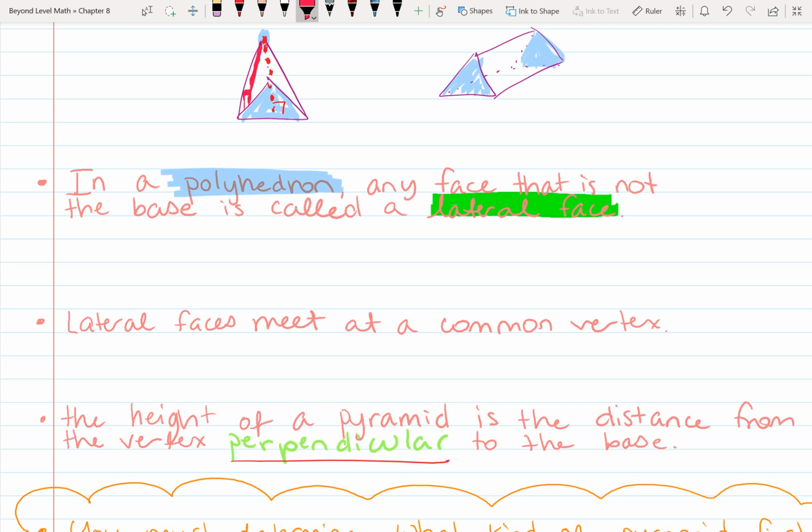This one that I just drew right here is the height of the lateral face, not the height of the pyramid. So just be very careful. I don't think you'll see two heights in this section, but moving forward you will. So remember to give a distinction between those two.